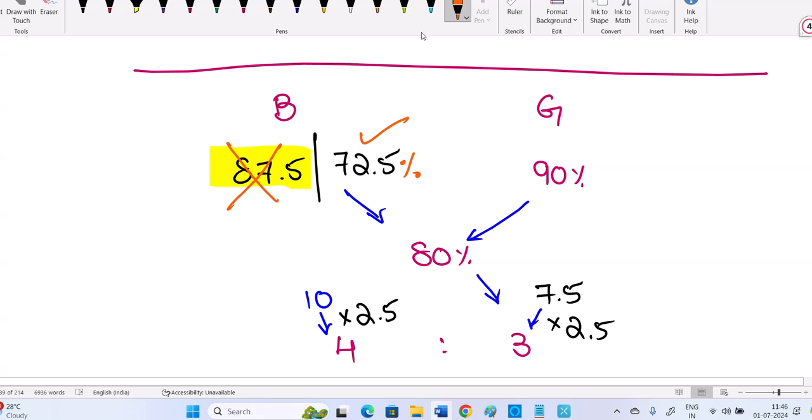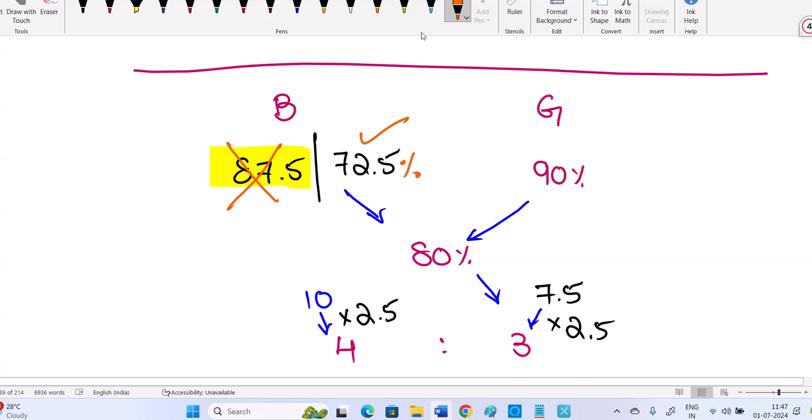If it is 87.5, let us say boys passed 87.5 and girls 90, then the mix should be between 87.5 and 90. But the mixed overall pass percentage is 80, not satisfying that. 72.5 and 90 is okay. Boys passed 72.5, girls 90, and mixing those two, the mixed value 80 is between them.